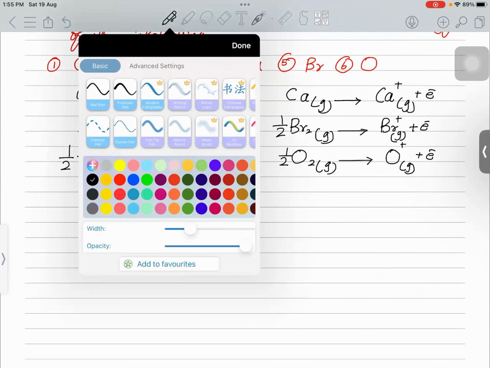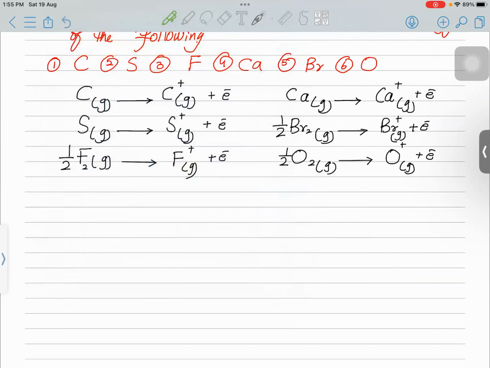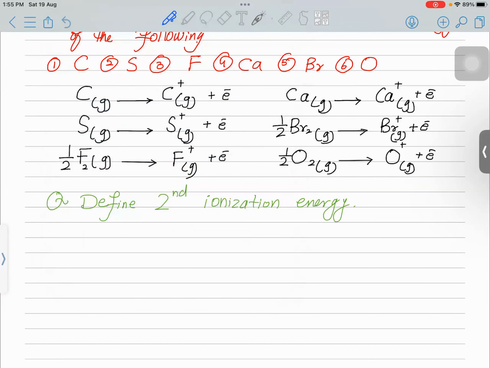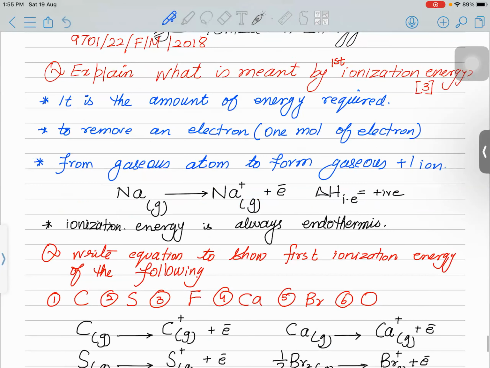Now question number 2. Define second ionization energy. Same definition, right?